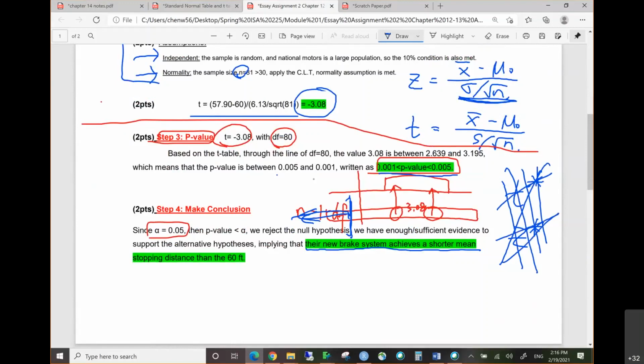The t star and z star are critical values that we will use for confidence intervals, not in the hypothesis test. Right, don't get confused. You use your test statistics, go to the table to find your p-value so that you can make the conclusion based on the relationship between the p-value and alpha. If you don't have the p-value, how can you make the conclusion?